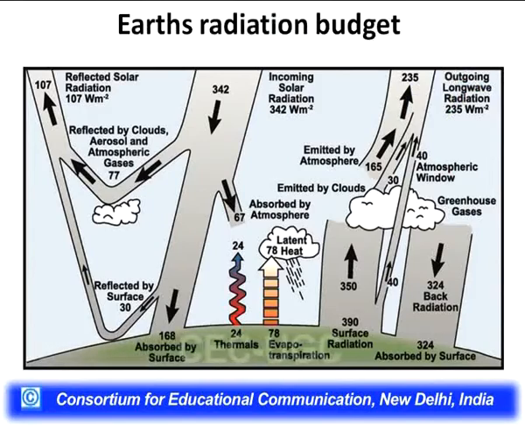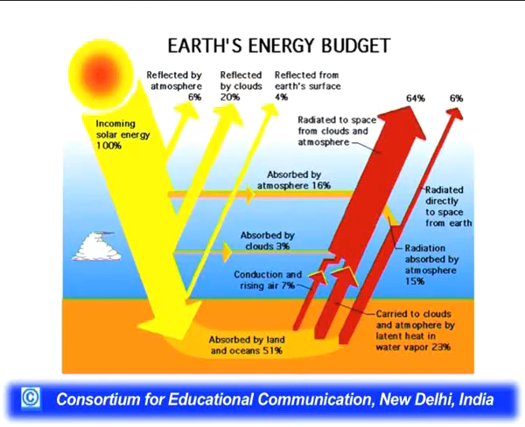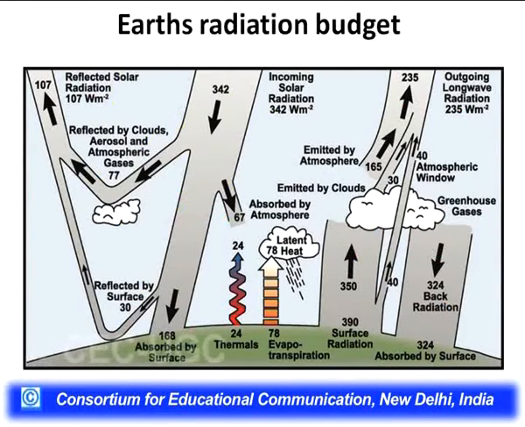Here it is a detailed explanation by which we will have a clear idea. Now, we will see here that 342 watts per square meter is coming, and 77 watts per square meter is getting reflected back by the clouds, atmospheric gases, as well as the aerosols, and approximately 30 watts per square meter is getting reflected back by the Earth's surface.